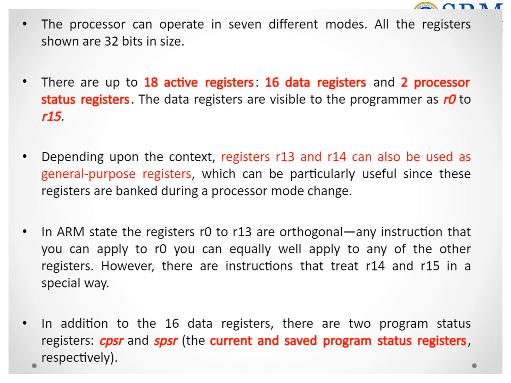However, there are instructions that treat R14 and R15 in a special way. In addition to 16 registers, there are two program status registers, CPSR and SPSR. CPSR stands for current program status register, and SPSR for saved program status register.